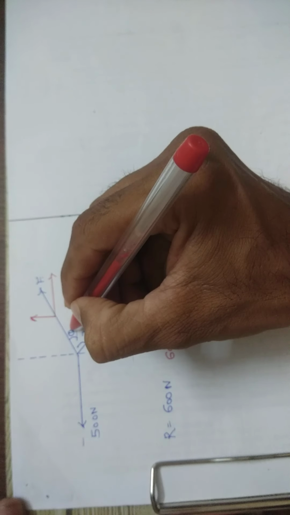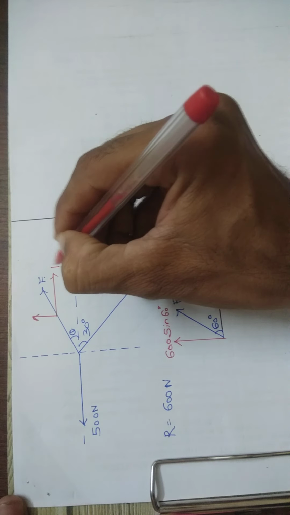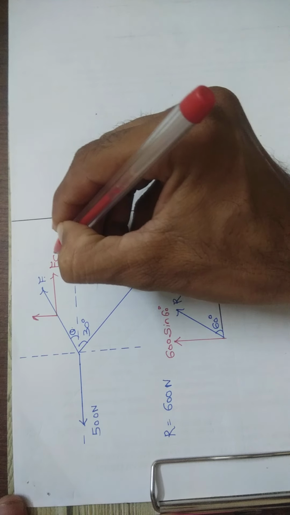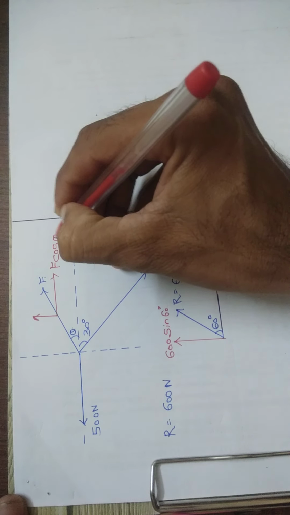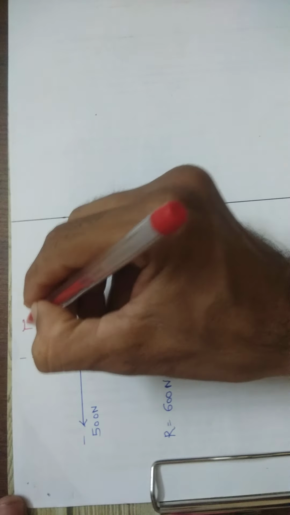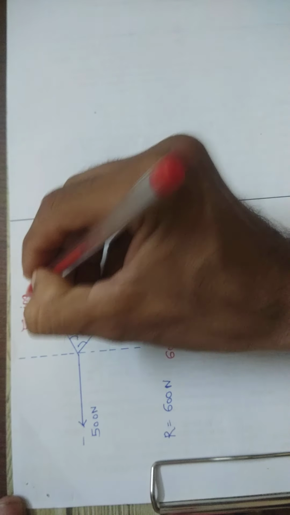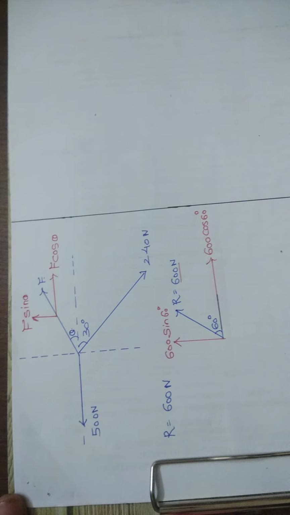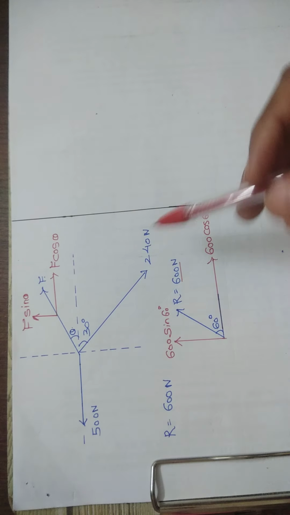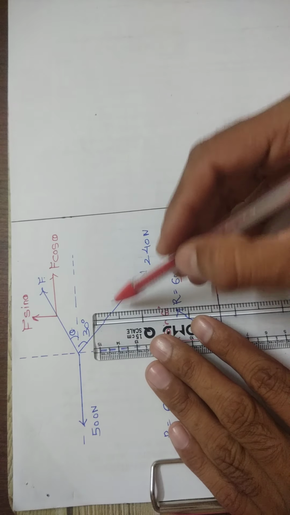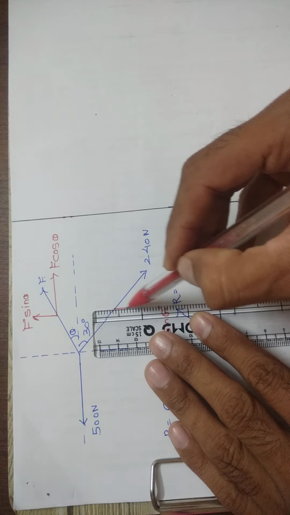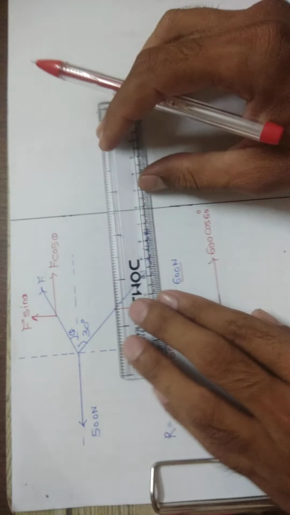It is making an angle of theta, so the X component will be F cos theta and the Y component will be F sin theta.